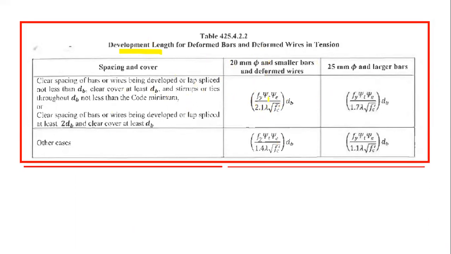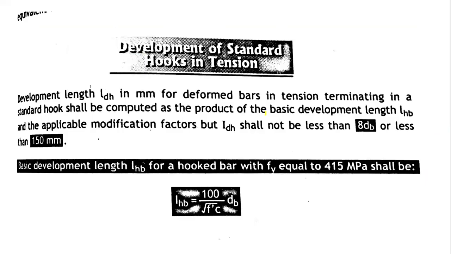Okay, so ito yung mga, what's this? Factors, na kailangan lang i-check from the table. Okay. Yung dati, ganito. So ito pa rin yung as far as I know, ito pa rin yung pinaka-latest na sa board exam related to hooks, development length.